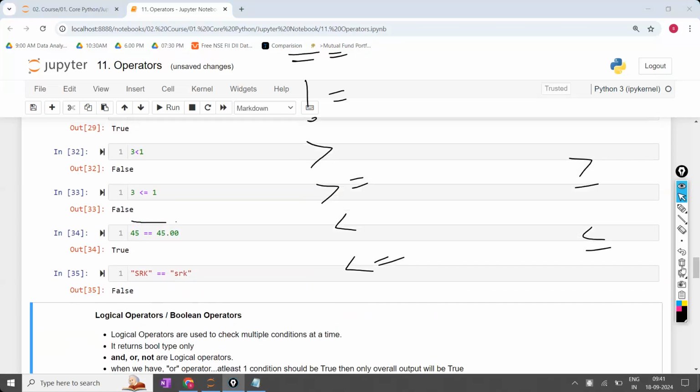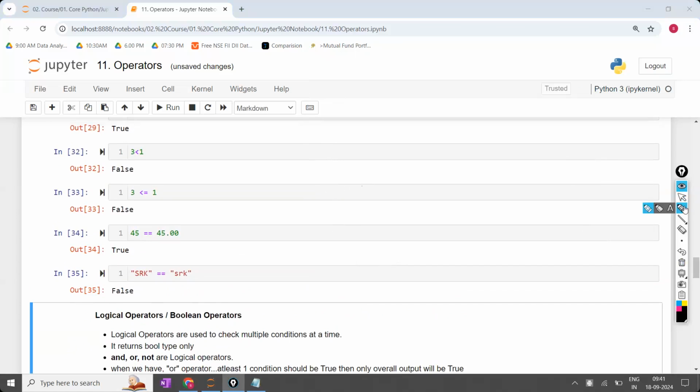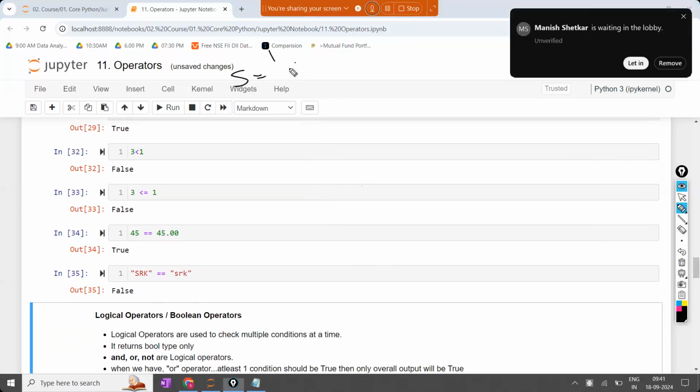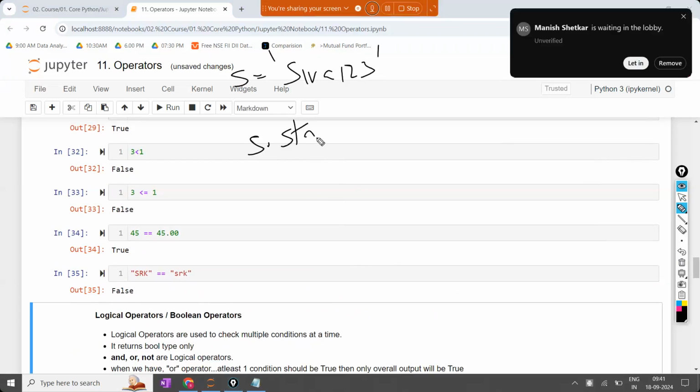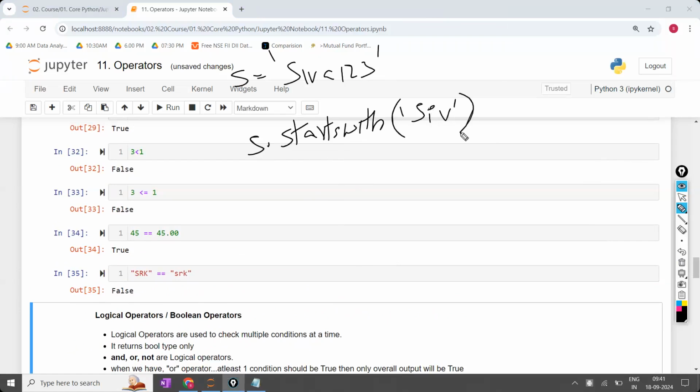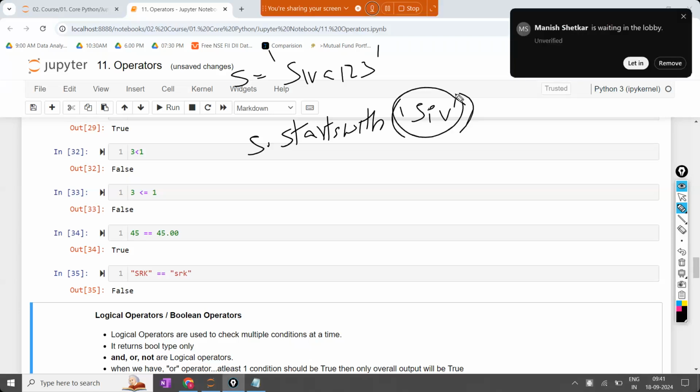Yesterday we took s equal to the string Shiva 123. And s dot startswith, where I have written SIV. Now in the backend, this is called a substring.